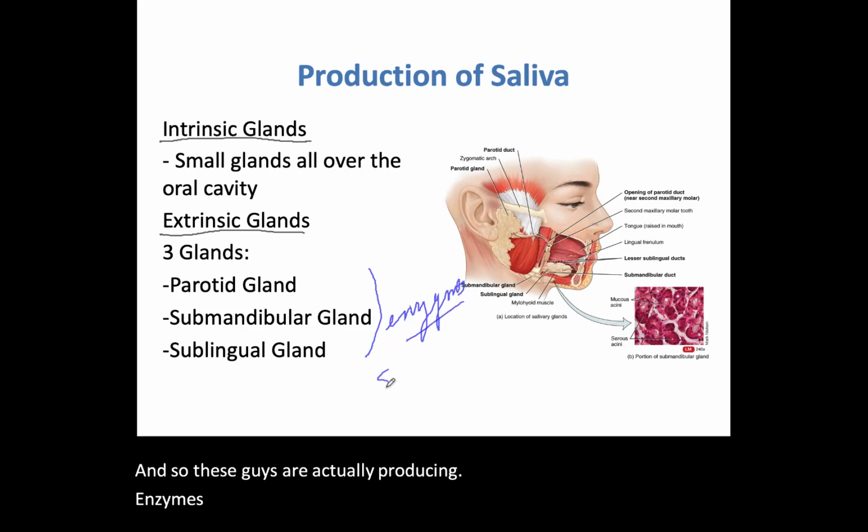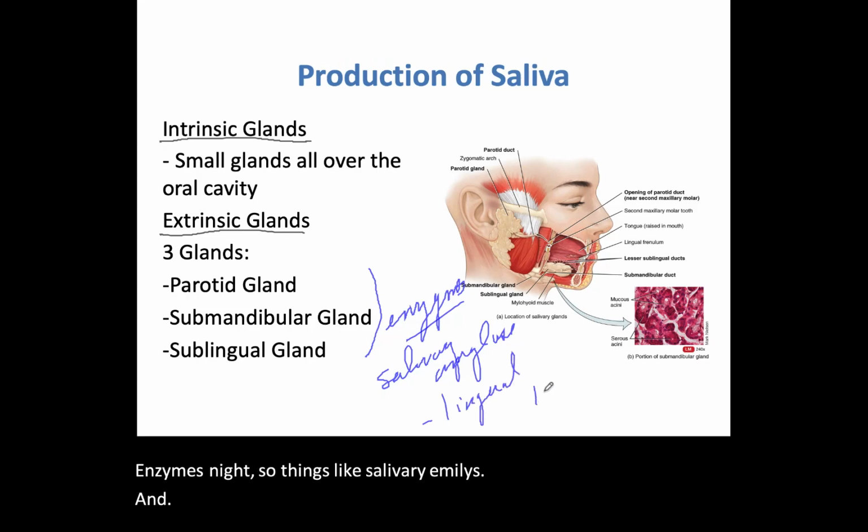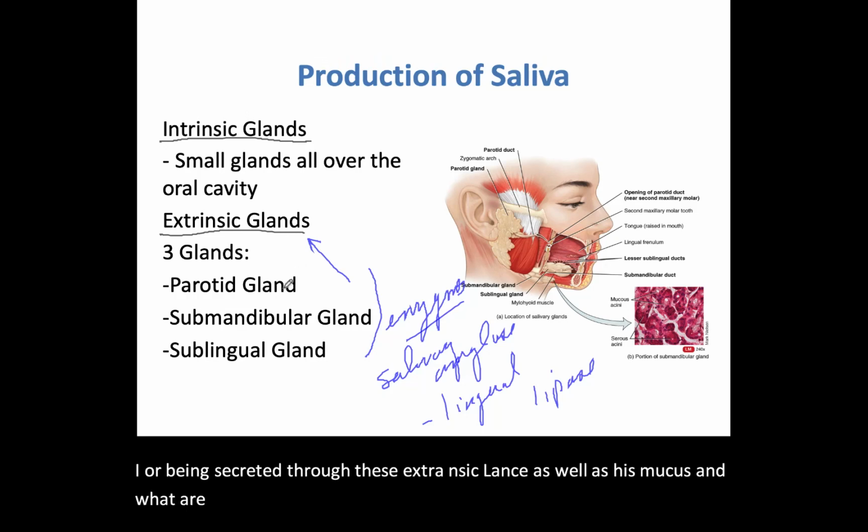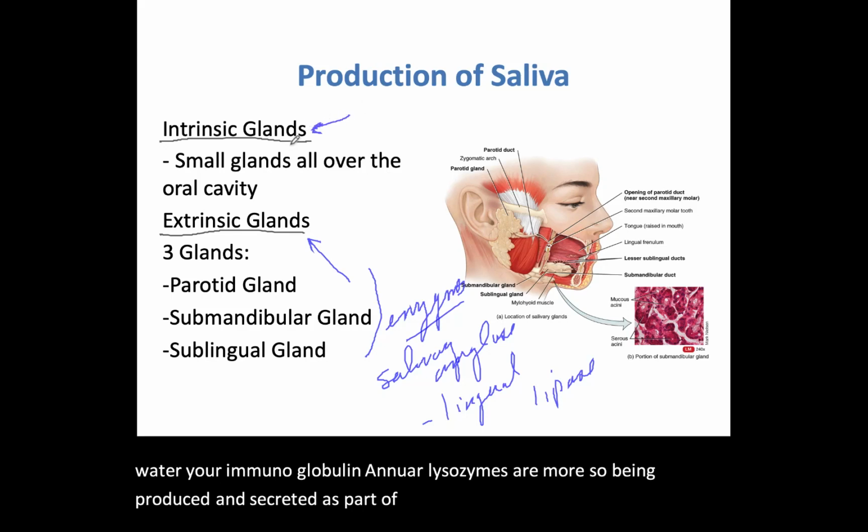So things like salivary amylase, and lingual lipase, right, are being secreted through these extrinsic glands, as well as mucus and water. Your immunoglobulin and your lysozymes are more so being produced and secreted as part of the intrinsic glands.